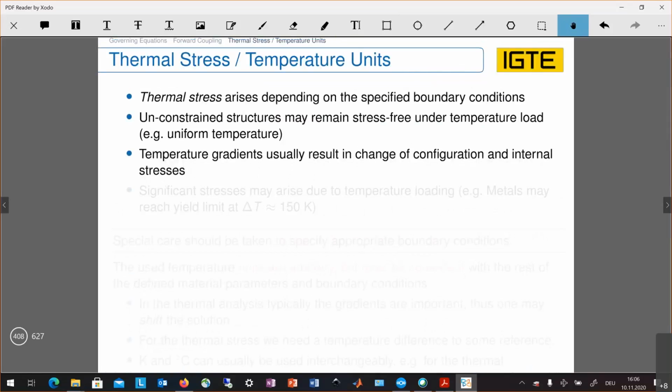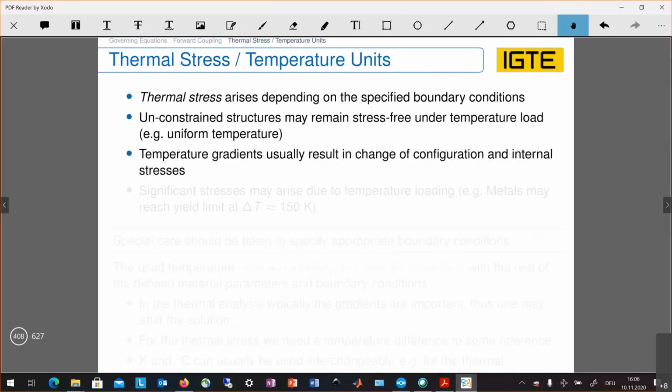Important are the temperature gradients. So in some analysis and investigations, you first, as I've told you, compute the temperature distribution in your structure according to some heating up, for example, by the Joule's losses.